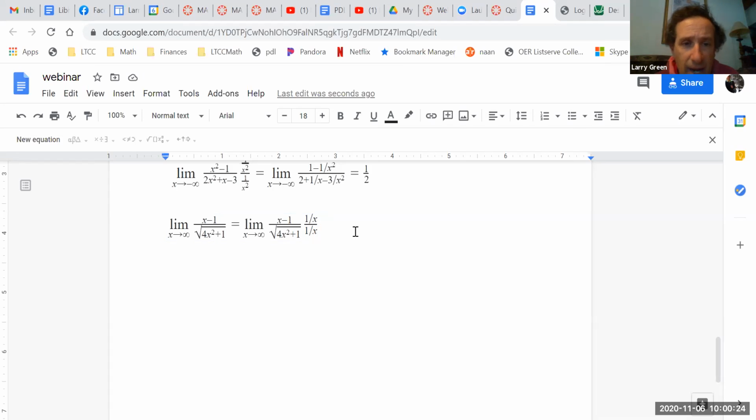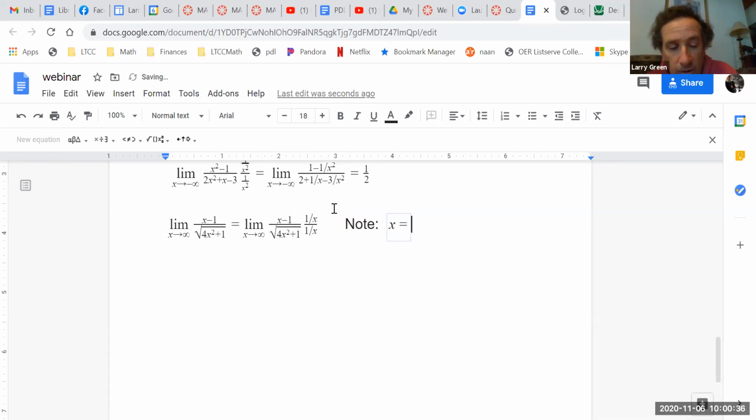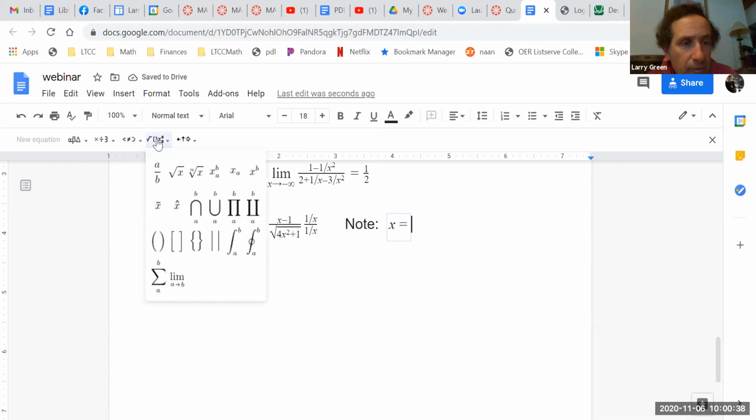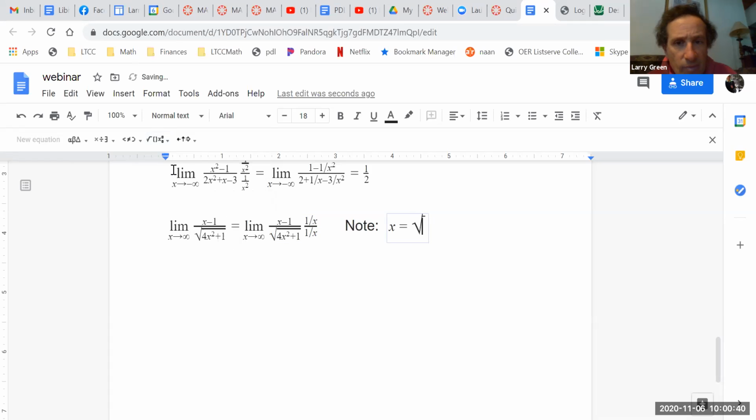Okay, now I'm going to notice something very important. So note that x is equal to the square root of x squared. Do y'all agree that as x goes to infinity, x is equal to the square root of x squared?